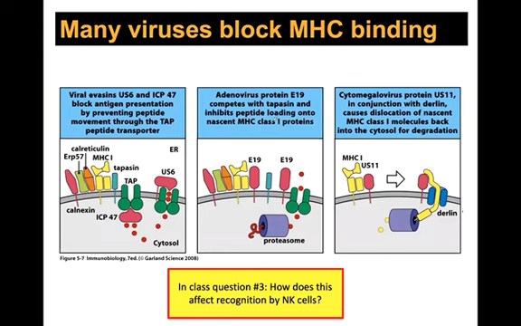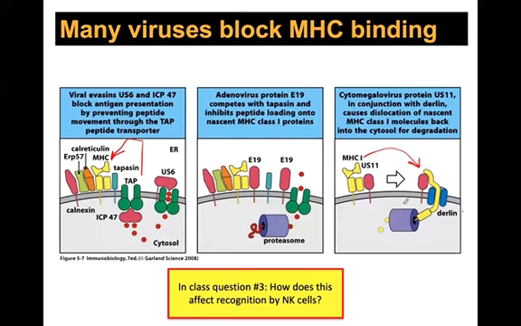So in the first case, if there's no peptides, remember, in order for this to be released, you have to have peptide binding. Without the peptides, it's unstable, it falls apart and gets degraded. If you're degrading MHC, in this case, then there's no MHC on the surface.